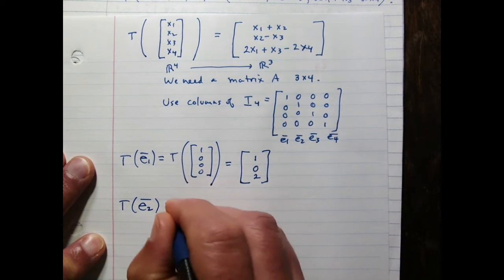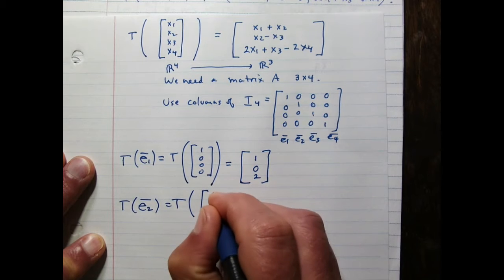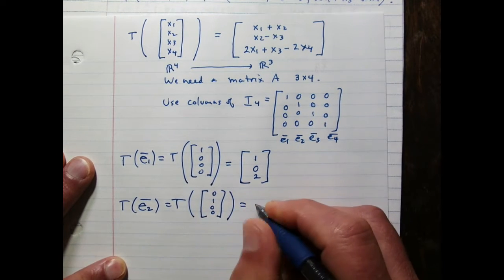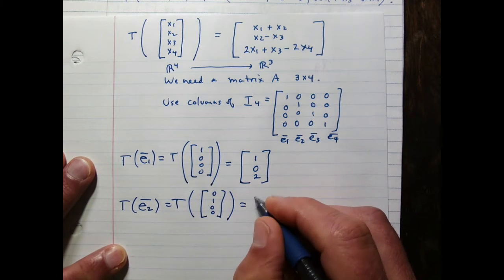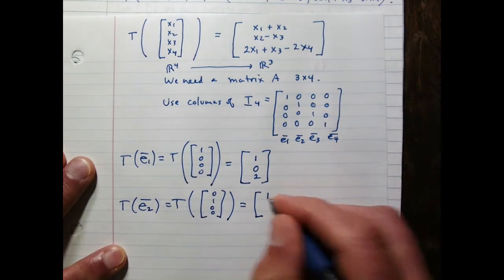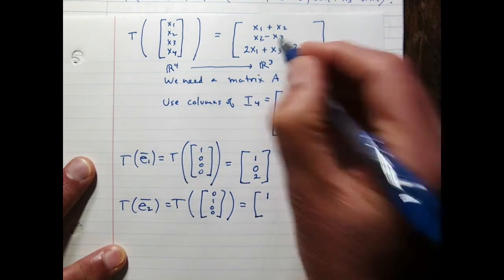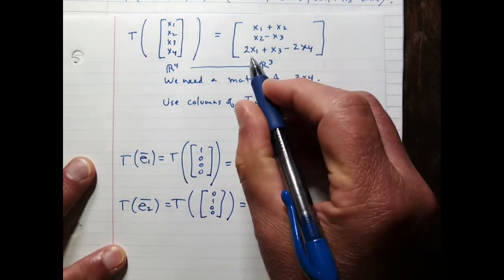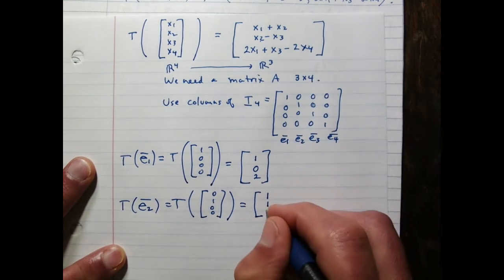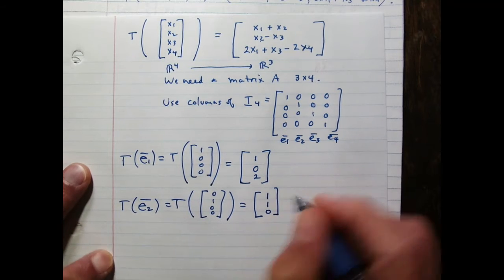T of E2 is T of 0, 1, 0, 0. So now x2 is 1, and all the other x's are 0. So I get 0 plus 1 is 1. I get 1 minus 0 is 1. And I get 2 times 0 plus 0 minus 0, so 0 for that third entry for T of E2.